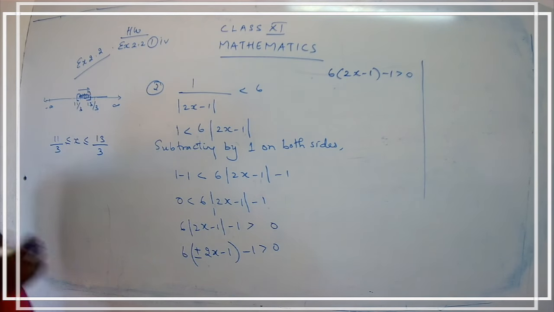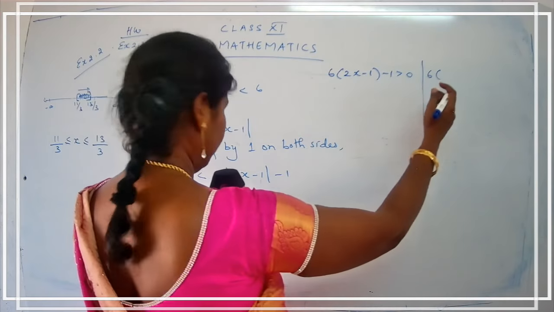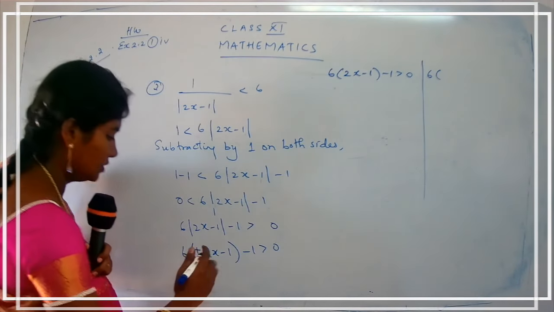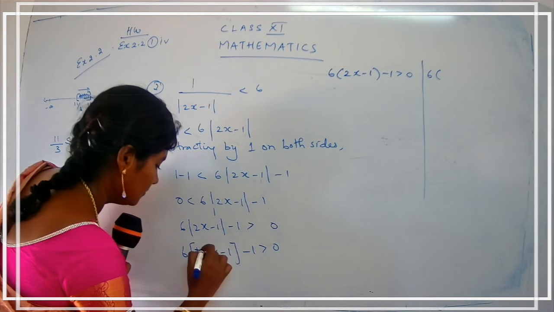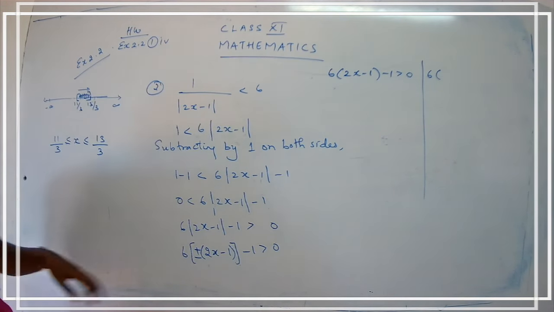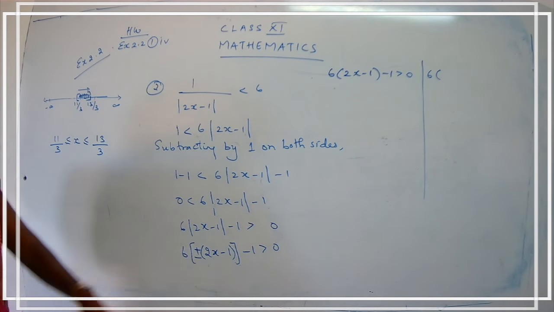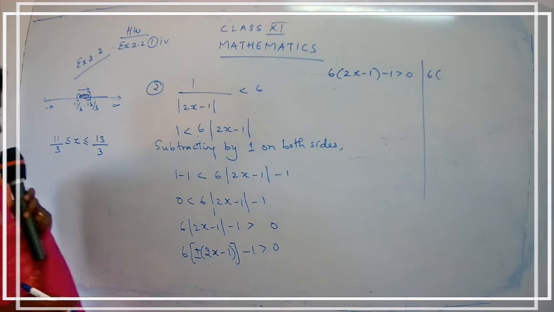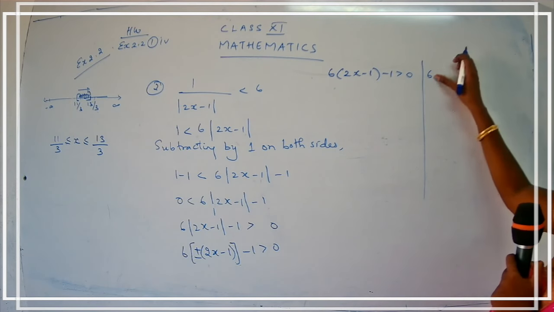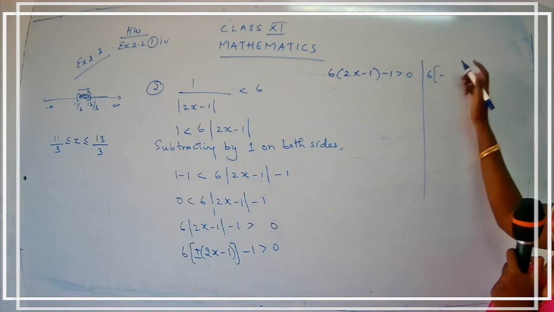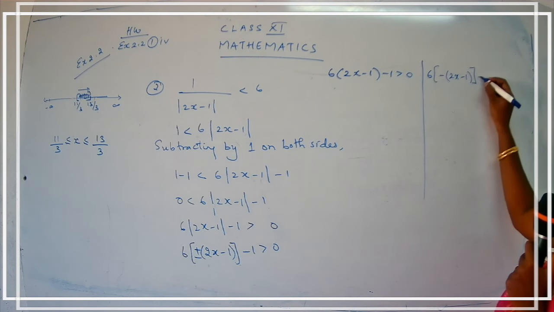And one more is the negative case. So here we have minus, so 6 minus 2x minus 1, minus 1 less than 0.